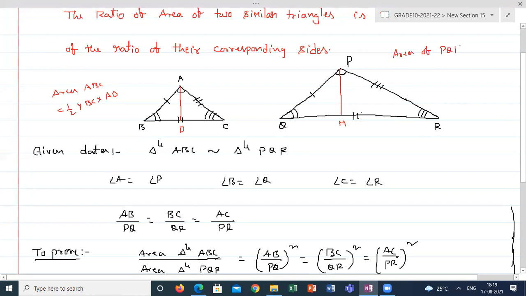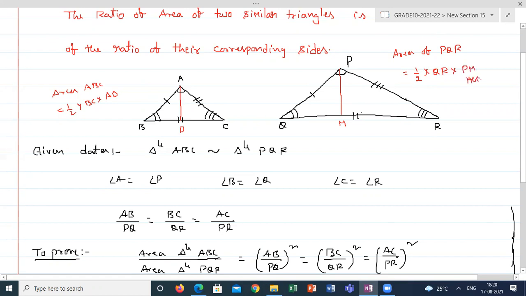Area of PQR is equal to half into QR into height PM.